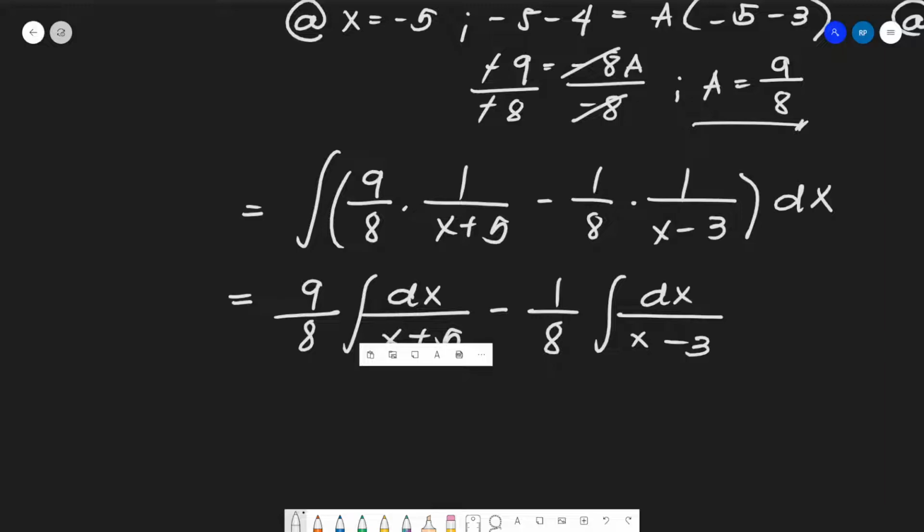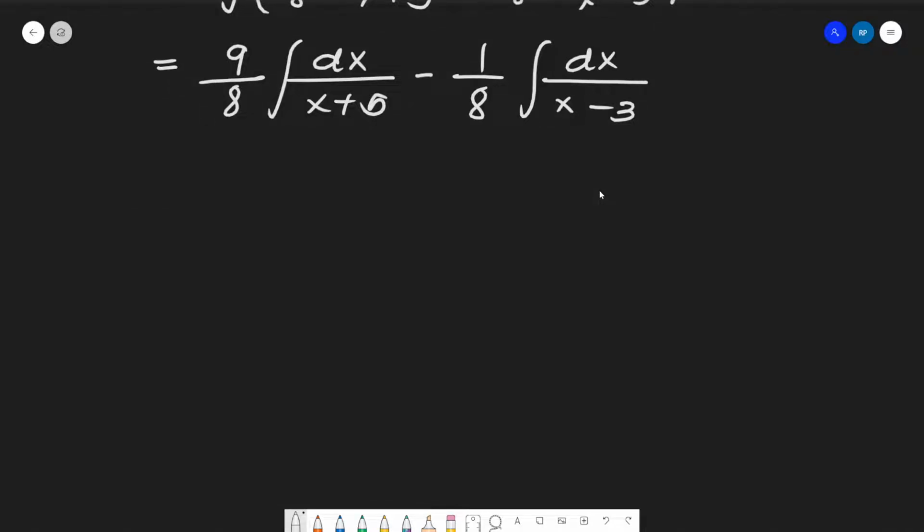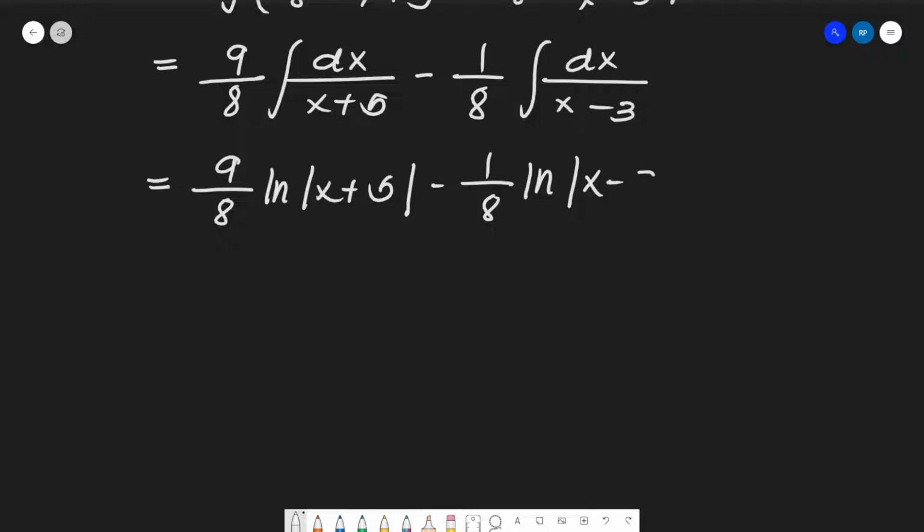So we have here 9 over 8 times the natural logarithm of x plus 5, since this is du over u form. Then minus 1 over 8 natural logarithm ng x minus 3 plus c. Okay?